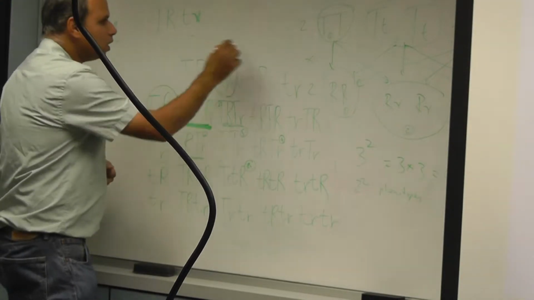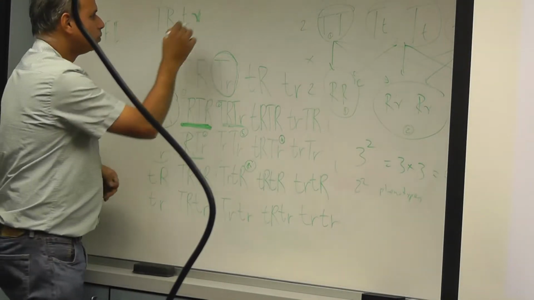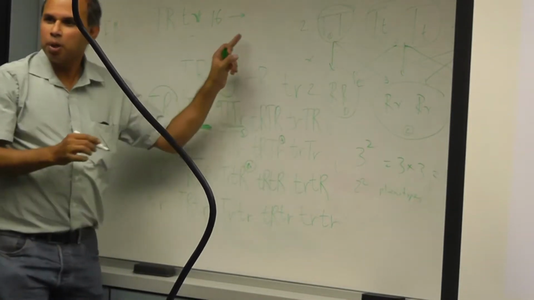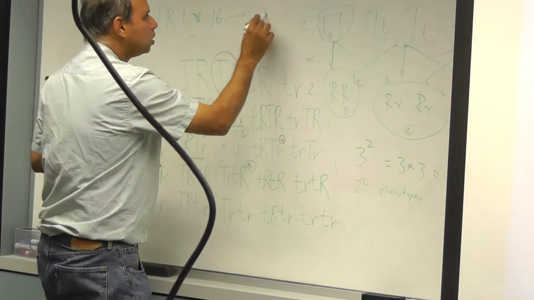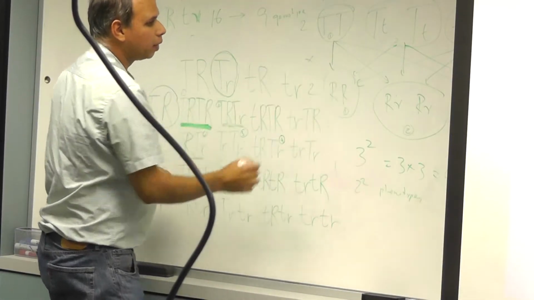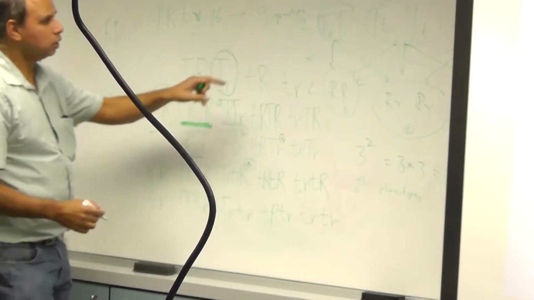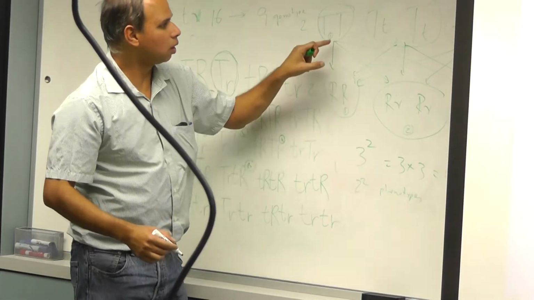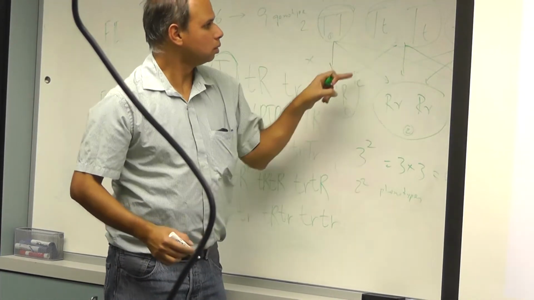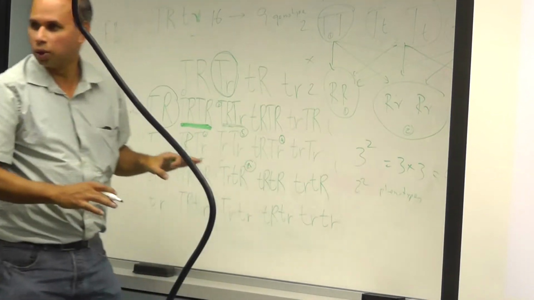Now I'll give you a more challenging question. There are 16 different combinations here, right? And they are mapping into 9 genotypes. And the 9 genotypes are what? You can figure out from here, TTRR, TTRr, and so on. You can just write them down.